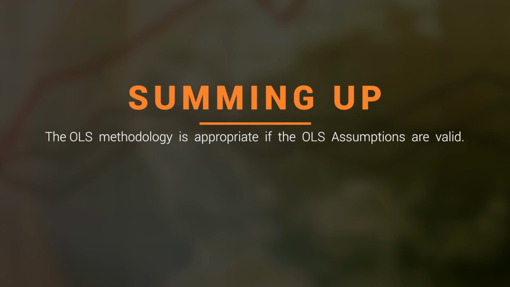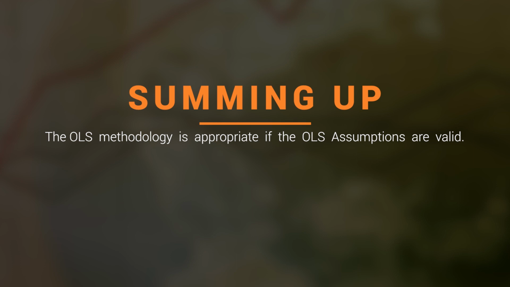So this is basically a simplistic approach of an optimization exercise done within the framework of the Gauss-Markov theorem, provided x and y follow all the normality assumptions, and also are in tune with the assumptions of this theorem. So this goes back to the final summing up of this particular module, which says that the OLS methodology is appropriate and we can go for the interpretation of the output if the OLS assumptions are accurate and valid.